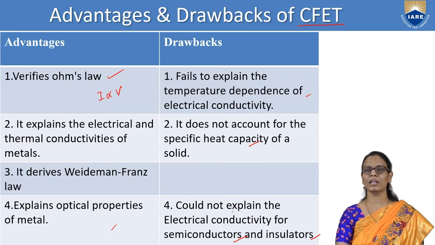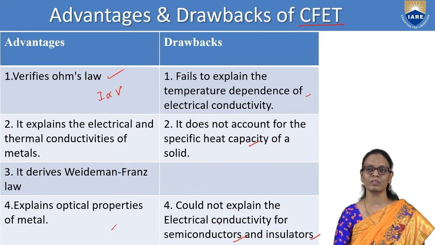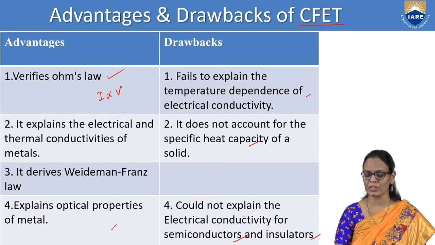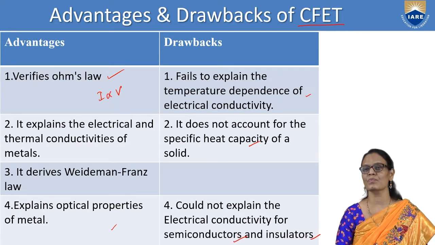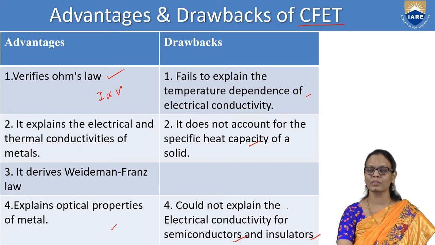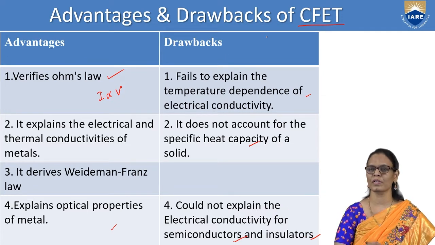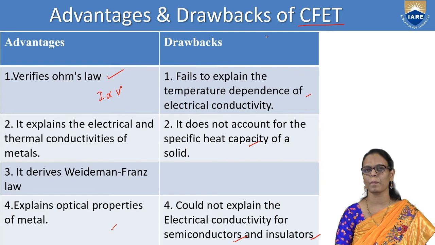It is always talking about the conductors which will allow the current to pass. Then what about the semiconductors which are partially conducting and insulators which are not conducting? So these are the drawbacks of classical free electron theory.